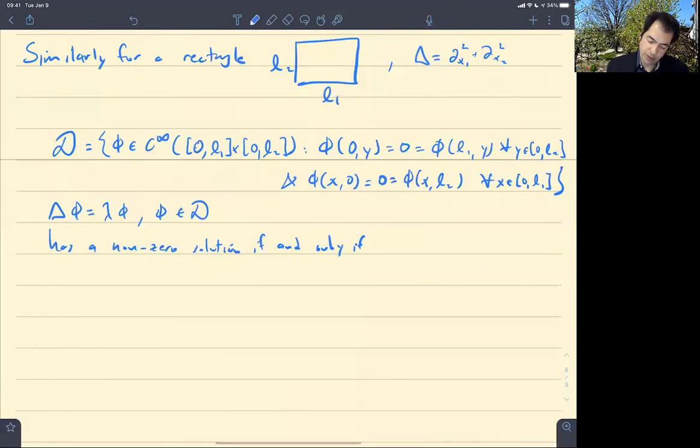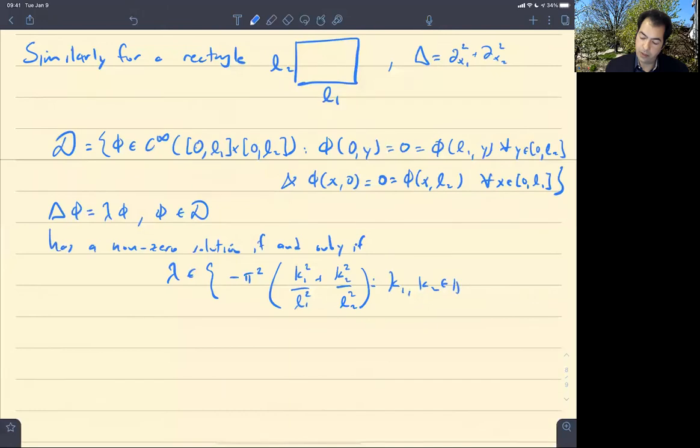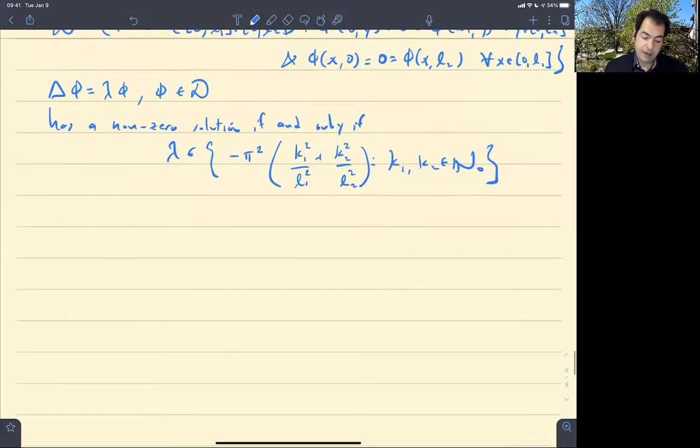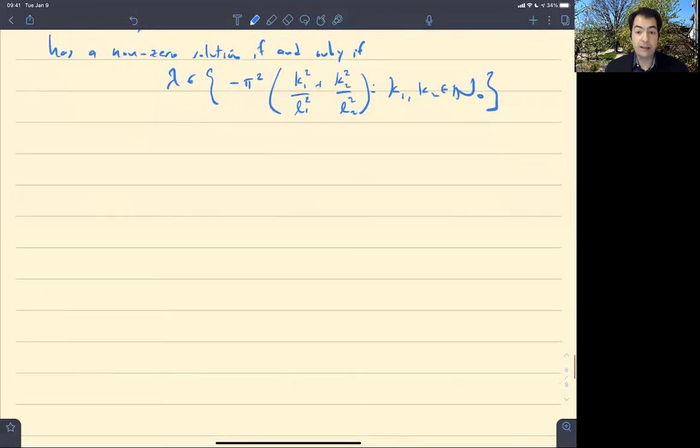Let me give myself more space. Lambda is in the set minus pi squared, then we have k1 squared over L1 squared plus k2 squared over L2 squared, where k1 and k2 are allowed to vary among the non-zero natural numbers. Okay, now what's great about intervals and rectangles is that you can compute the eigenvalues explicitly.